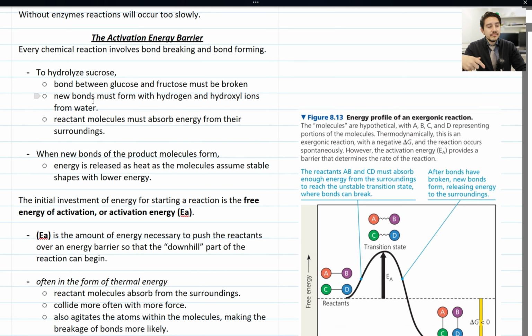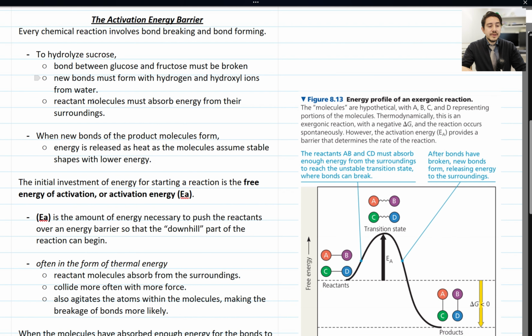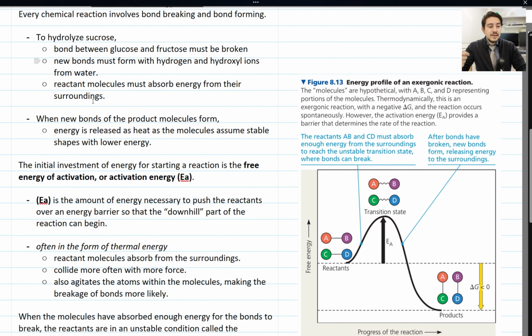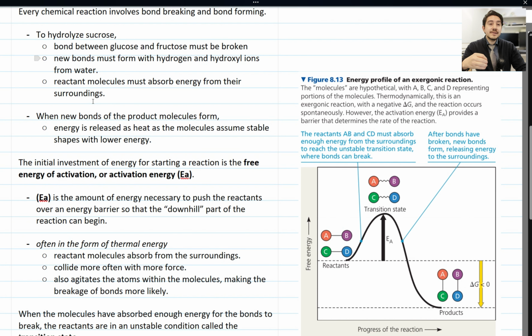New bonds are formed with hydrogen and hydroxyl ions, so you can have the resulting molecules. And in order for that to occur, reactant molecules must absorb energy. Everything ultimately needs some amount of energy to break bonds, even if it's an exergonic reaction.